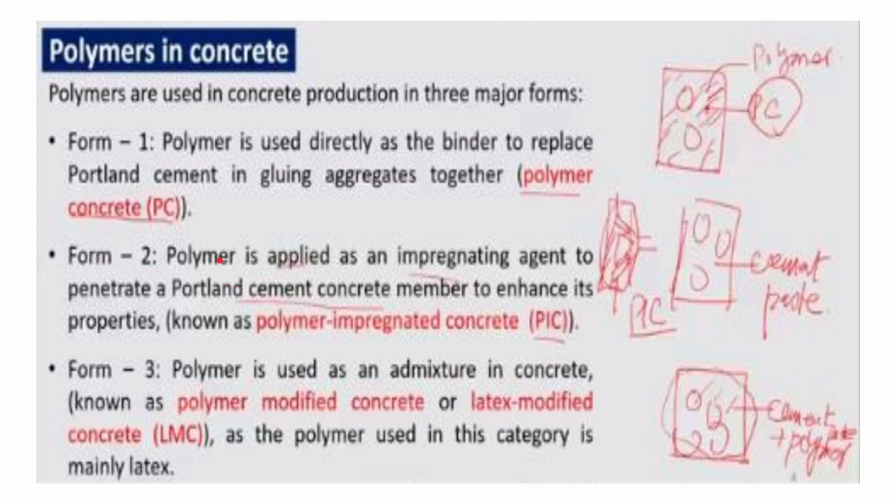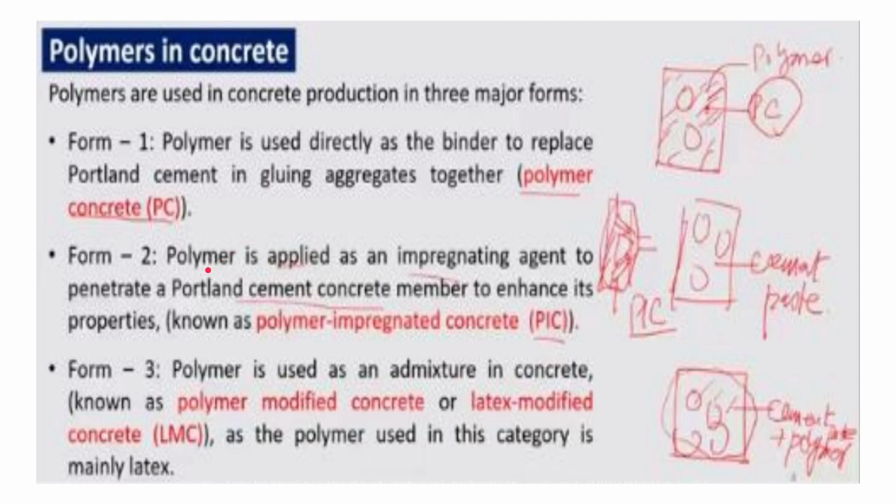The second form is polymer applied as an impregnating agent to penetrate a Portland cement concrete member for enhancing its properties. Here the binder is PCC, that is Portland cement concrete, but polymer has been used as an impregnating agent to better its properties.